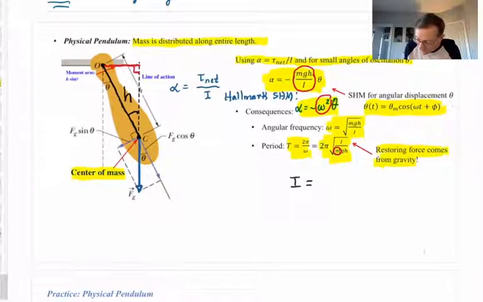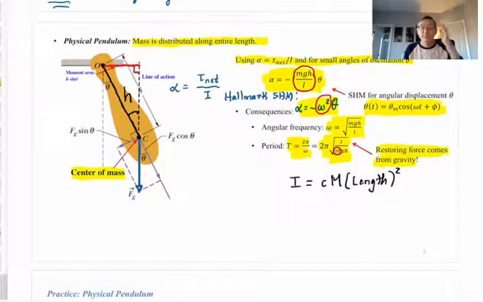There might be some constant c, then there'll be the total mass of the thing times some length squared. It's going to have that basic form. There could be a constant, the total mass times some length squared.